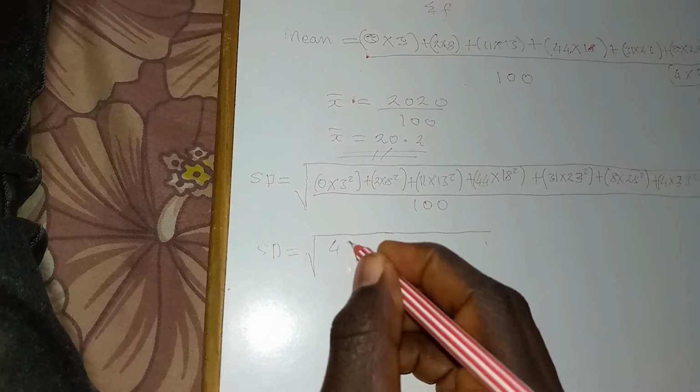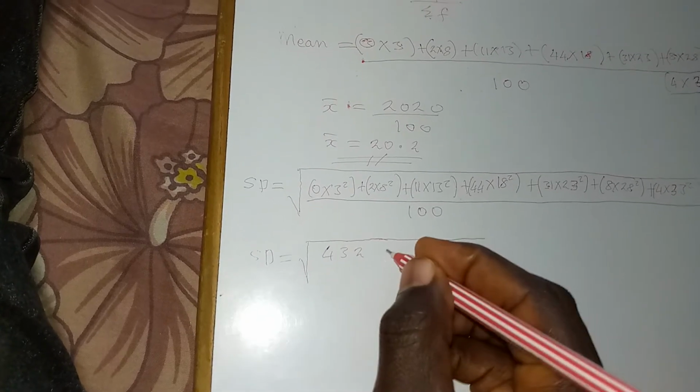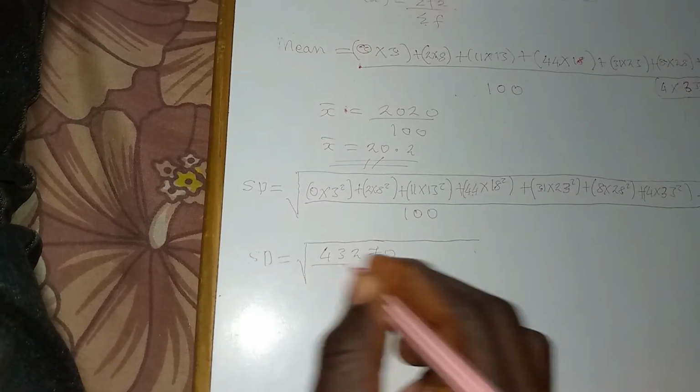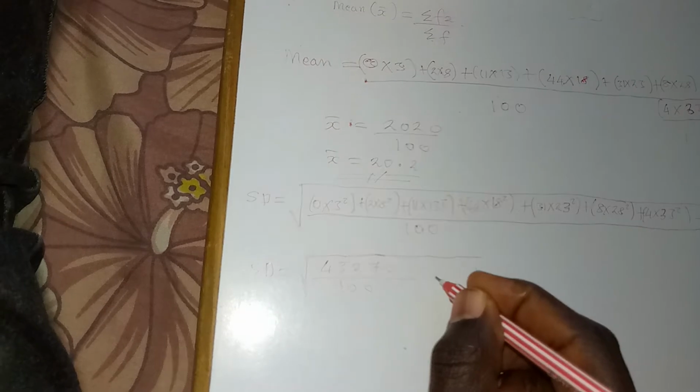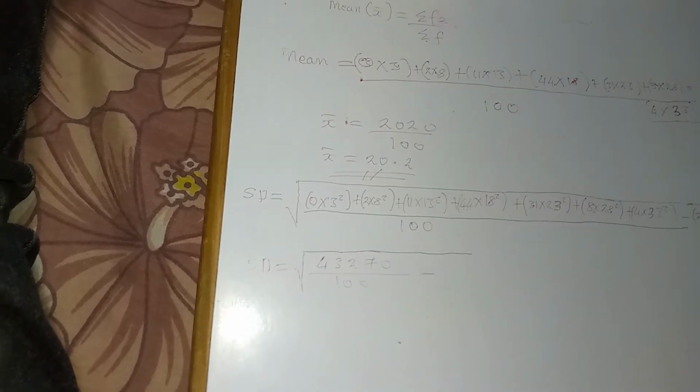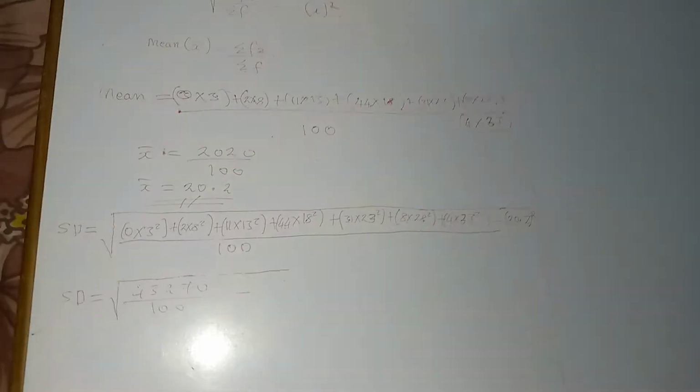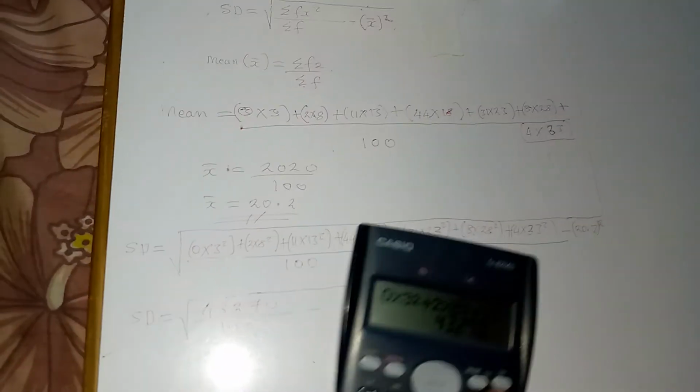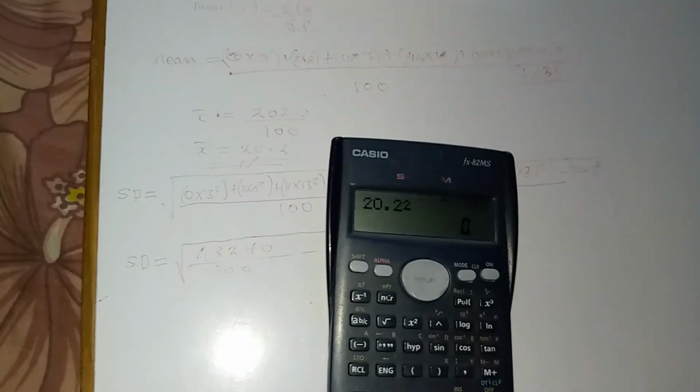Okay, so since this is the total, it is 43,270. Then you say 43,270 divided by 100 minus the mean squared. The mean which is given is 20.2 squared. That's the one we found. So on the calculator, just say 20.2 squared.